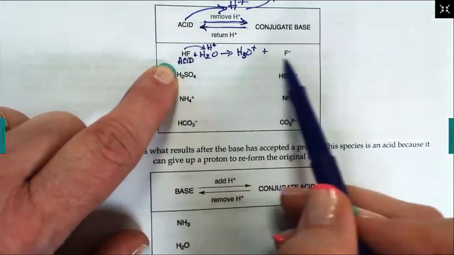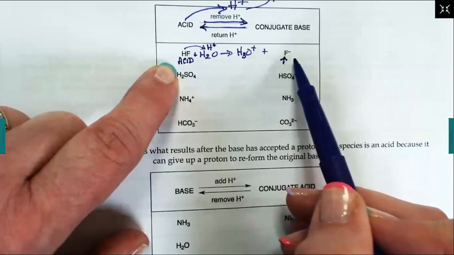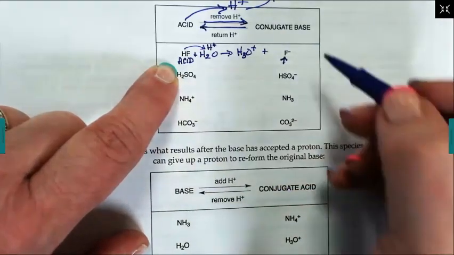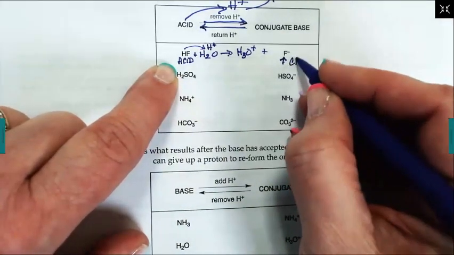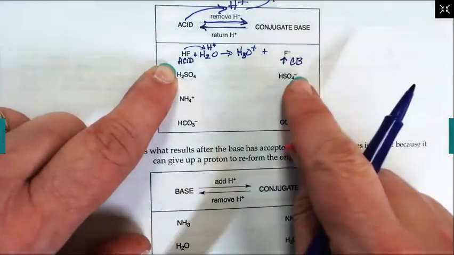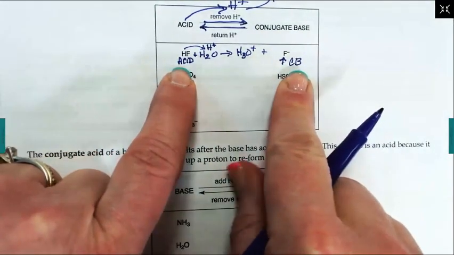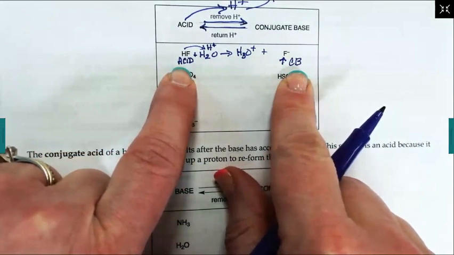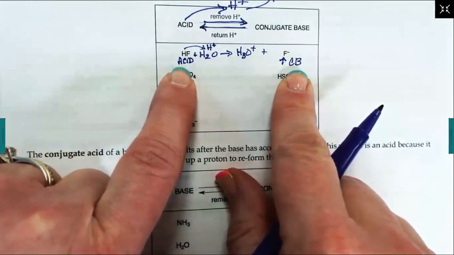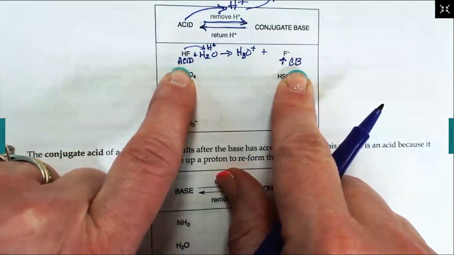What is left is this guy. That's what's left after it loses a hydrogen. This is called the conjugate base. Conjugate base is what's left after it's donated its proton.